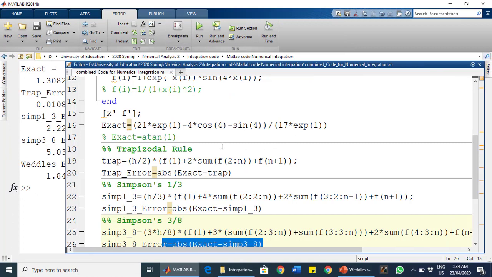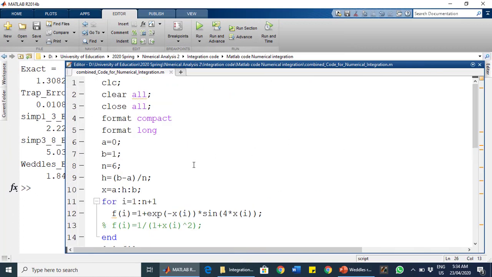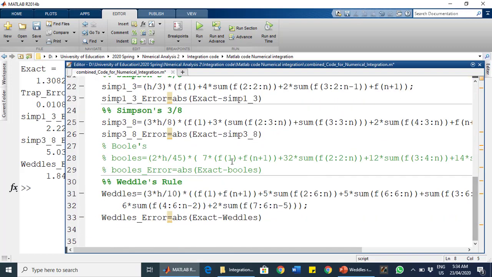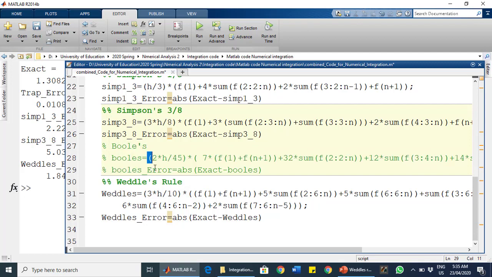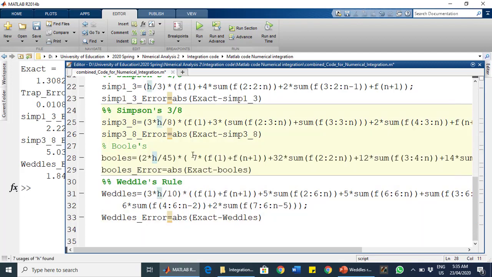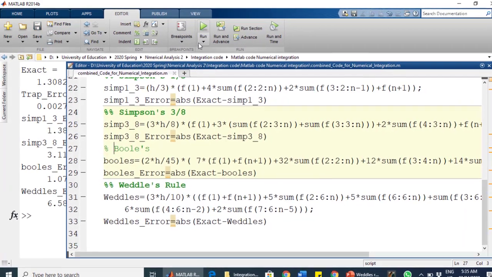So let's increase the number of subintervals from 6 to 12, and we use Boole's rule as well. Now let's execute.